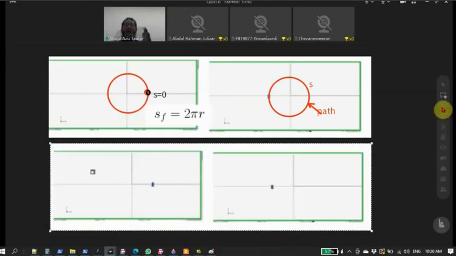What we need to do is to draw the axes of the X coordinate system. This is the convention that we use normally. This one is X, and this one is Y.